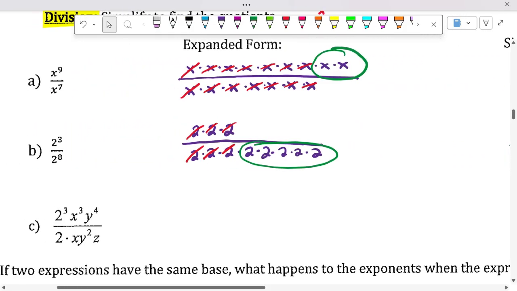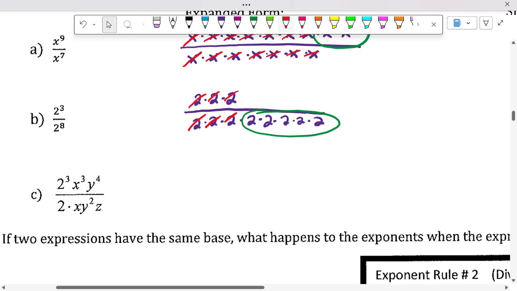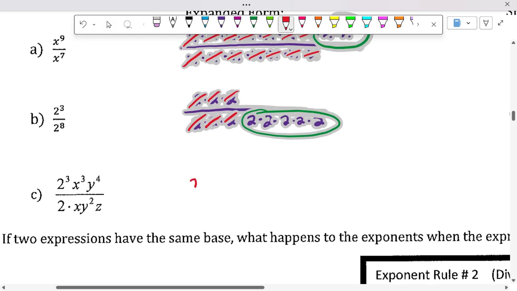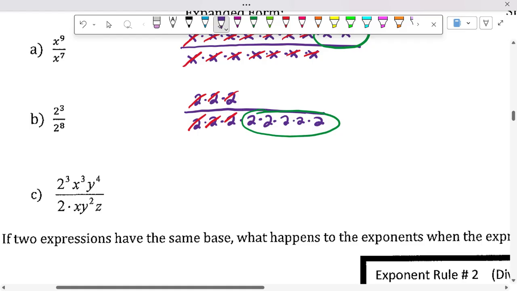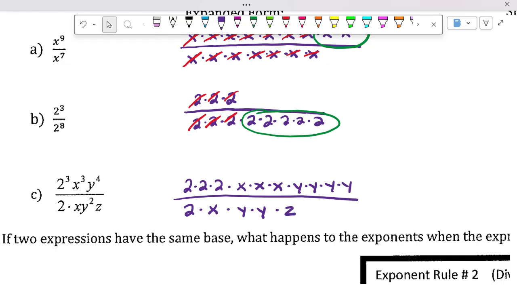All right, now let's look at ones where we have multiple. So I have 3 2's on top, 3 x's on top, and 4 y's on top, all over 1 2, 1 x, 2 y's, and a z.